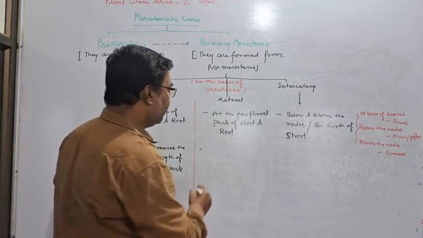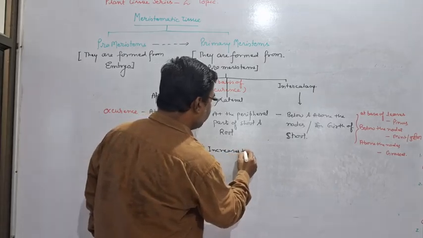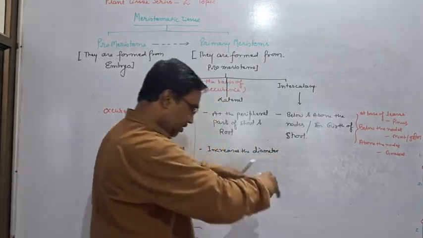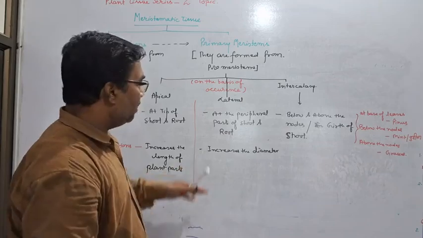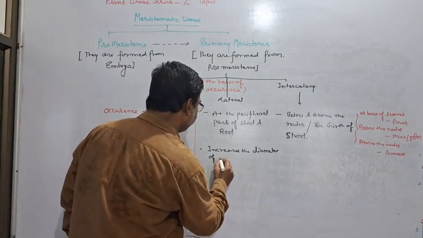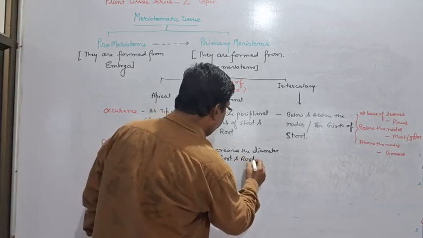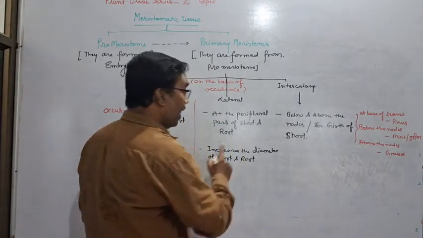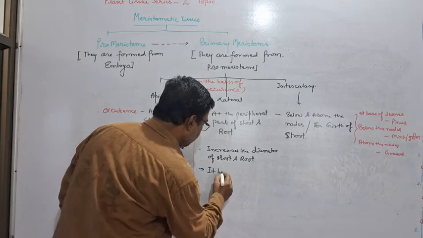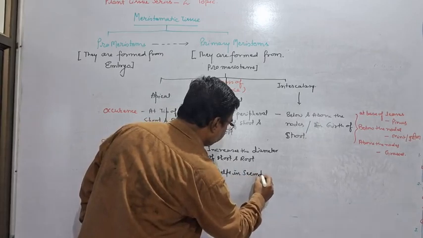Lateral increases the diameter. That means, I told you, in the peripheral area these are found, so it increases the diameter of shoot and root. One very important thing is it helps in secondary growth.